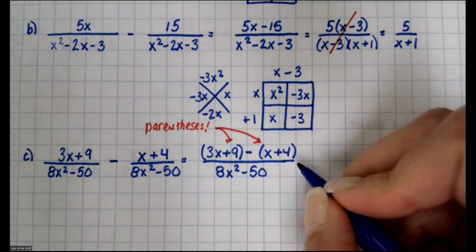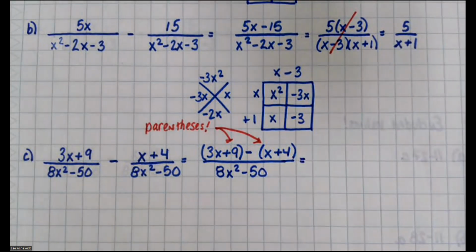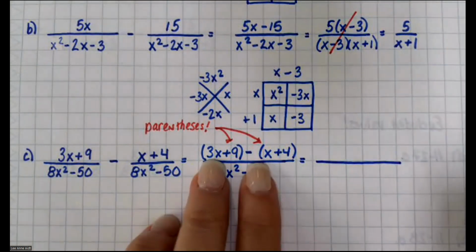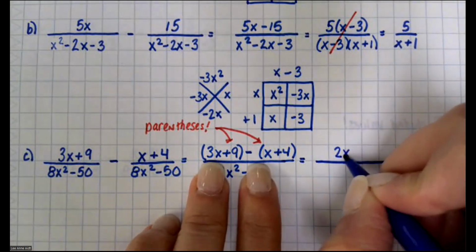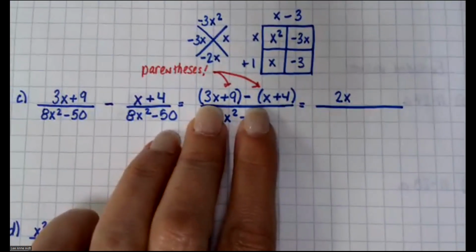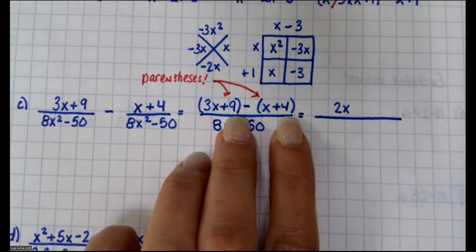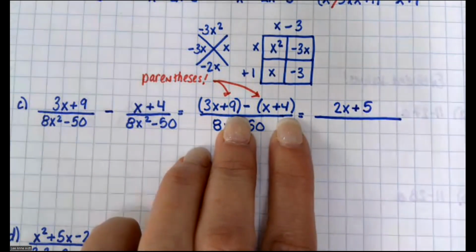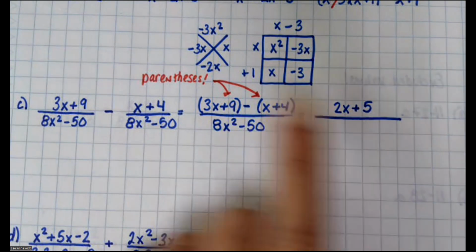So 2x on the top. Do you see where the 2x came from? Okay. And 9 minus 4 is 5. So that's my first detail.